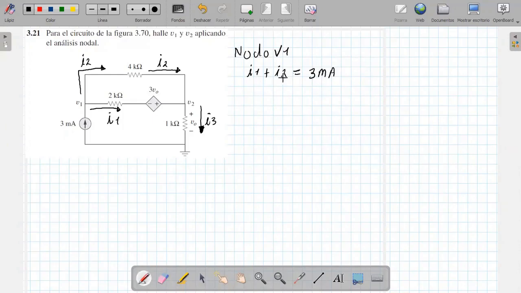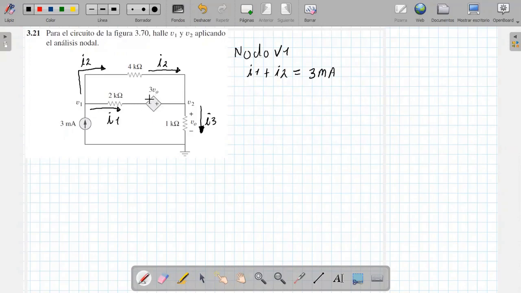Okay. Now, the current I1 is going to be equal to the voltage across the resistor. If we look at the direction of the current, since it goes to the right, it means that the voltage V1 is larger than the voltage V2. And if we look at the polarity of the dependent source that is here, it has a polarity to the right.